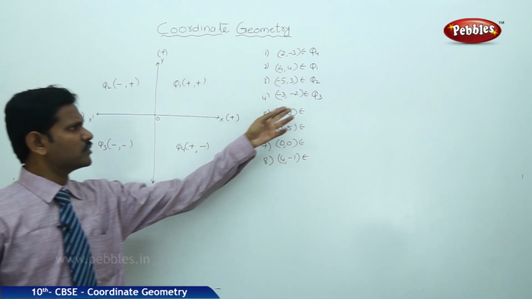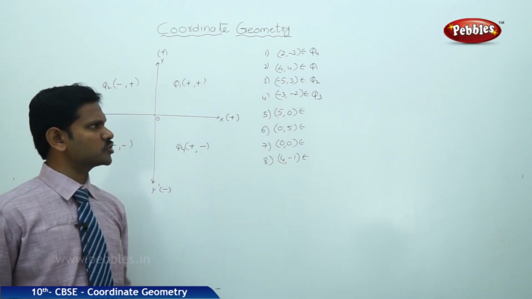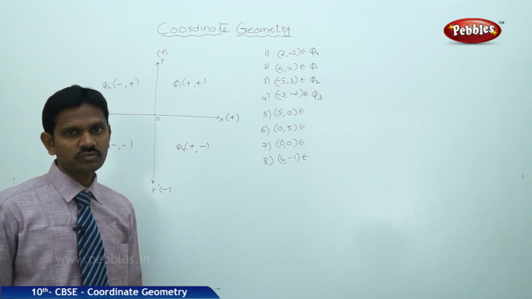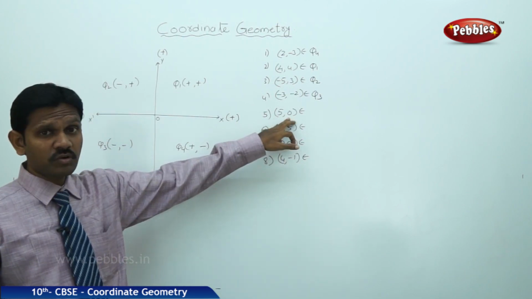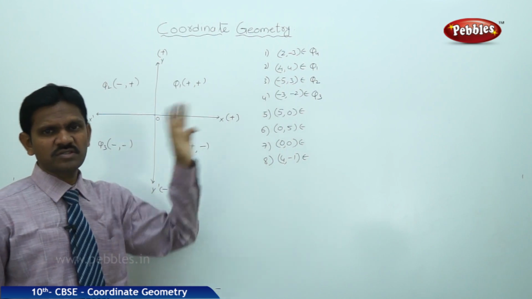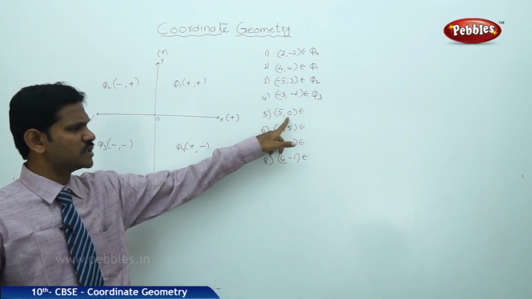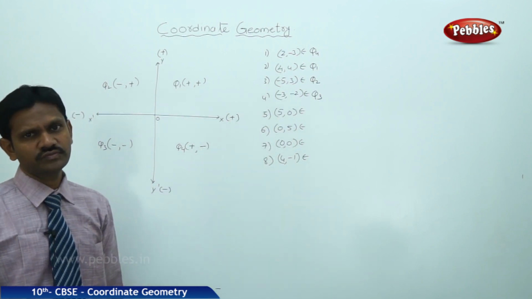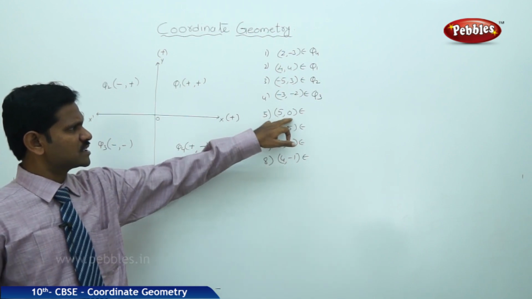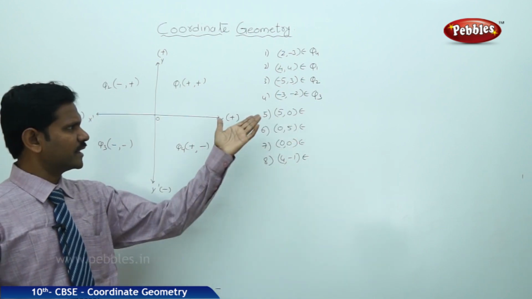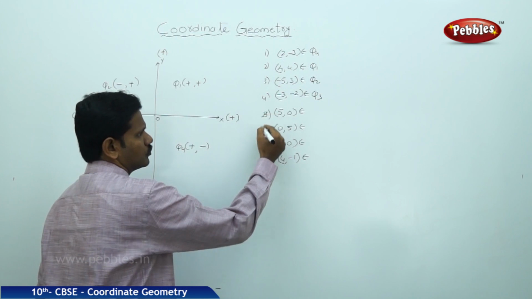Now, 5 comma 0. 5 is positive, and 0 is also positive, but if you think 0 is positive, it is wrong. Why? Because 0 is neither negative nor positive. Then what is this concept? Okay, let us go through this once again.